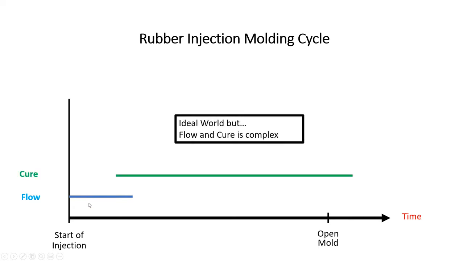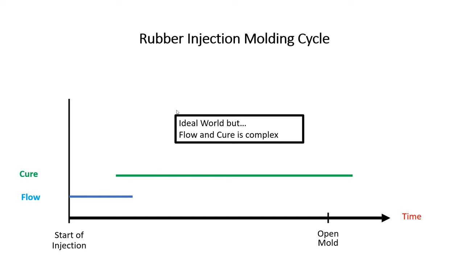If it were this simple, we would really have an easy time designing for manufacturing. Because here we show the flow just comes in. There's no resistance. There's no change in viscosity. We see the cure just start at max, and it's pretty much an on-off switch. It flows, and then it cures.